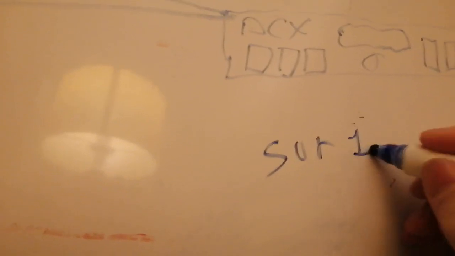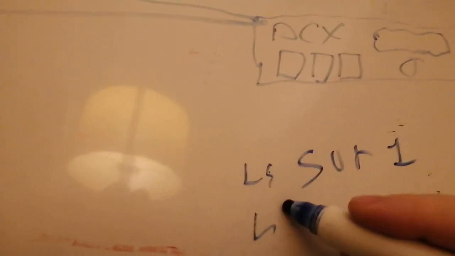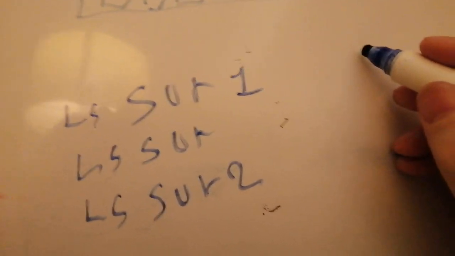This is the Storm audio, as it is presently, how it's networking, and the outputs for the surrounds are L, LS, surround 2, and then right.